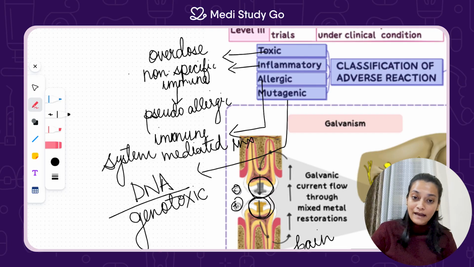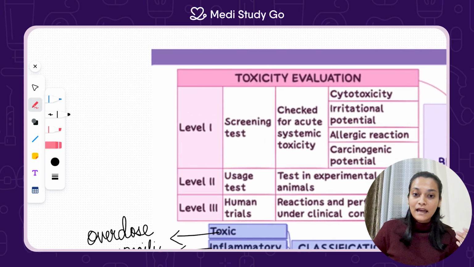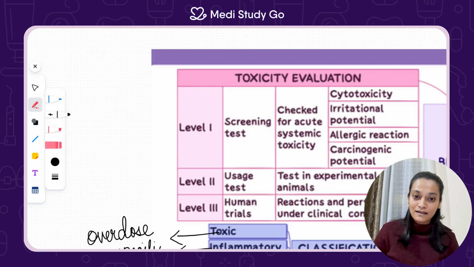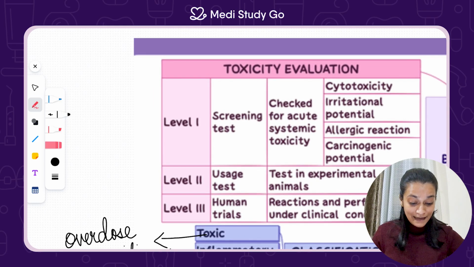So these four reactions in total will elicit adverse reactions, which can be seen as inflammatory changes. There can be redness, swelling, anything that is in response to the material that couldn't actually have good biological appropriate reaction in the oral cavity.